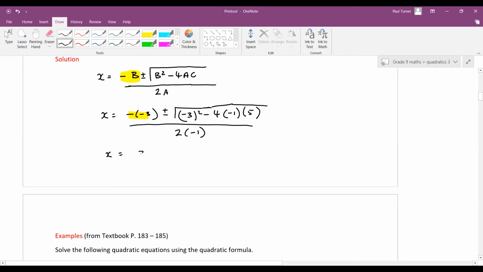So that's 3 plus or minus the square root of minus 3 squared, which is 9, minus 4 times minus 1, which is 4, and 4 times 5 is 20, so plus 20, all on minus 2. So you're going to get 3 plus or minus root 29 on minus 2.